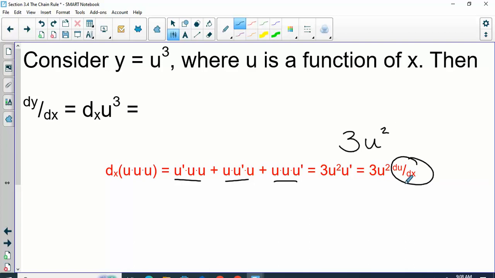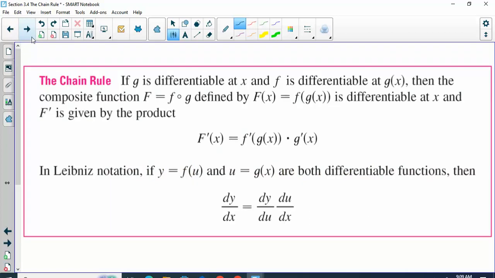So it's telling us that if we're doing this chain rule, we can use our other rules, but then we have to multiply by the derivative of the inside. So if you have a composition, basically a function inside a function, you do the derivative of the outside part, and the inside stays the same, then we multiply by the derivative of the inside.